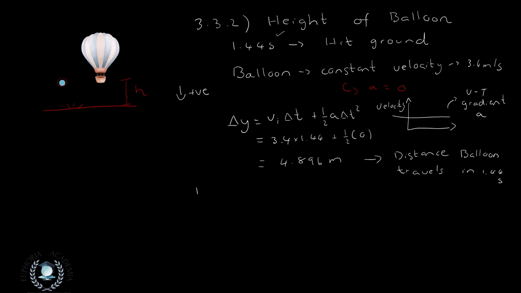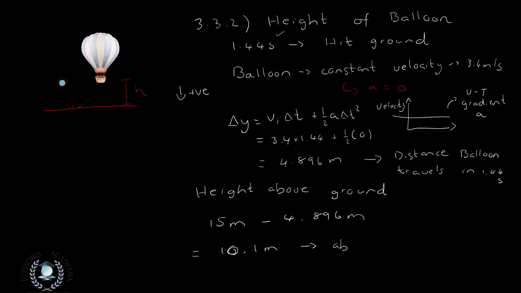So to find the height above the ground, well, this is just simply that 15 meters that we initially had minus this 4.896 meters, and this is going to give us a height of about 10.1 meters. This is the height of the balloon above the ground.